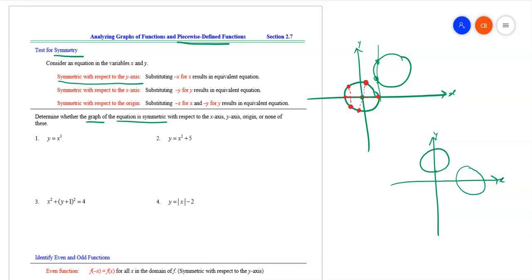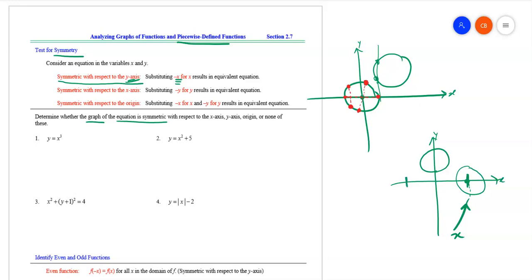We have a couple of ways that we can test that. If we're checking whether the graph of an equation is symmetric with respect to the y-axis, what we check is what happens when you put in negative x for x. On the right side of the y-axis, x is positive, and maybe we could point at a specific x, like this value.